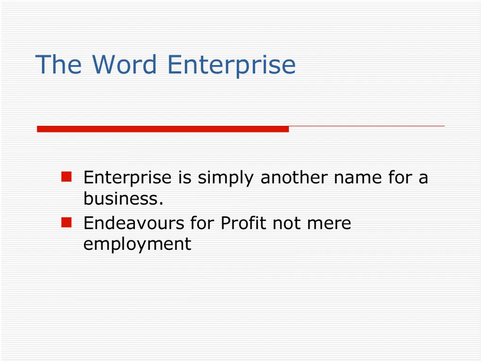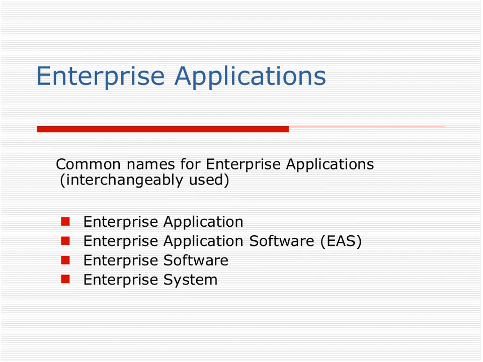We move to the next slide. If there is any question from the classmates, I can stop and answer the question. We have enterprise applications in the next slide here, and these words actually that you see in the bullet points, 4 points, are used interchangeably, referring to enterprise applications.